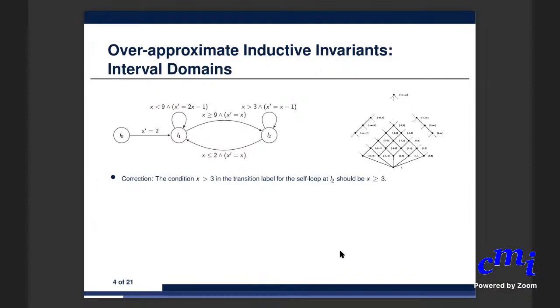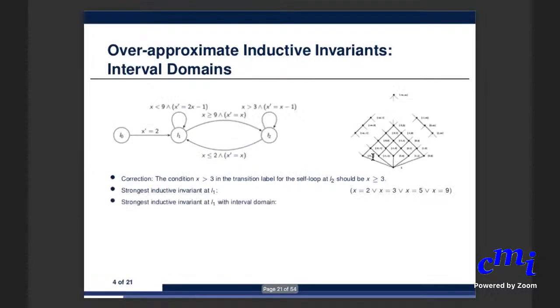Another domain which works very nicely is interval domains. Rather than having arbitrary sets of values, you only track whether those program variables take values within a certain range with a fixed max and min value. Even then you can compute it.